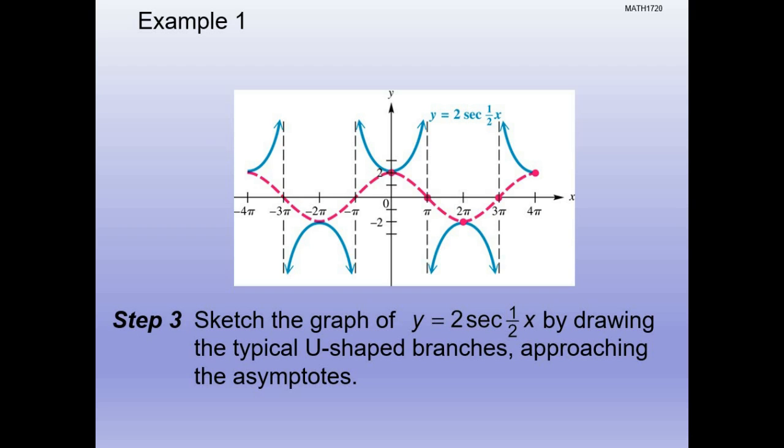So the graph here in blue is going to be for secant, so it's 2 secant 1/2 x. Remember the steps we did for this. It's just like we did in the first section of this chapter. We graph the sine and cosine function, and then we use those specific values to graph the secant or the cosecant function.